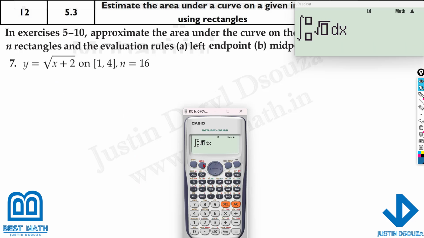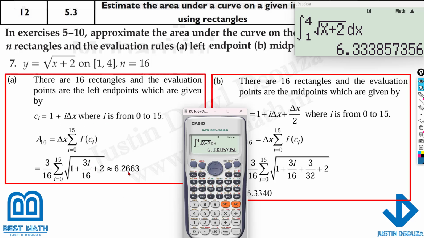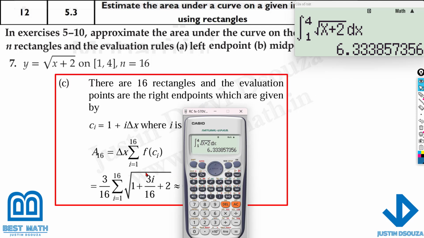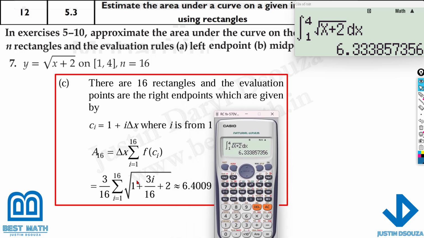Integral symbol, square root of x plus 2. And here we have 1 to 4, and this is an increasing function, so it'll be underestimation for the left endpoints, and yes, it is underestimation. It's almost accurate for the midpoint, whereas it is an overestimation over here for the right endpoint.